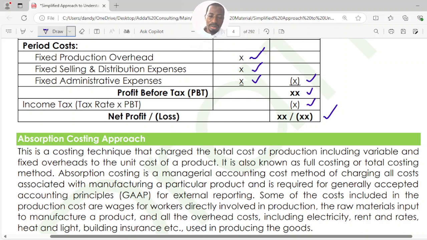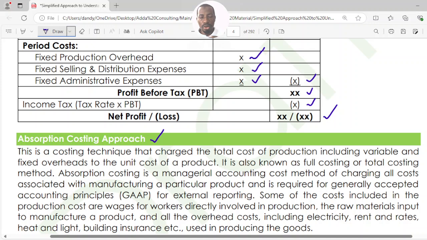The absorption costing approach is a concept that charges the total cost of production to the unit cost of a product. When you talk about total cost of production, total costs include both variable costs and fixed production overheads.